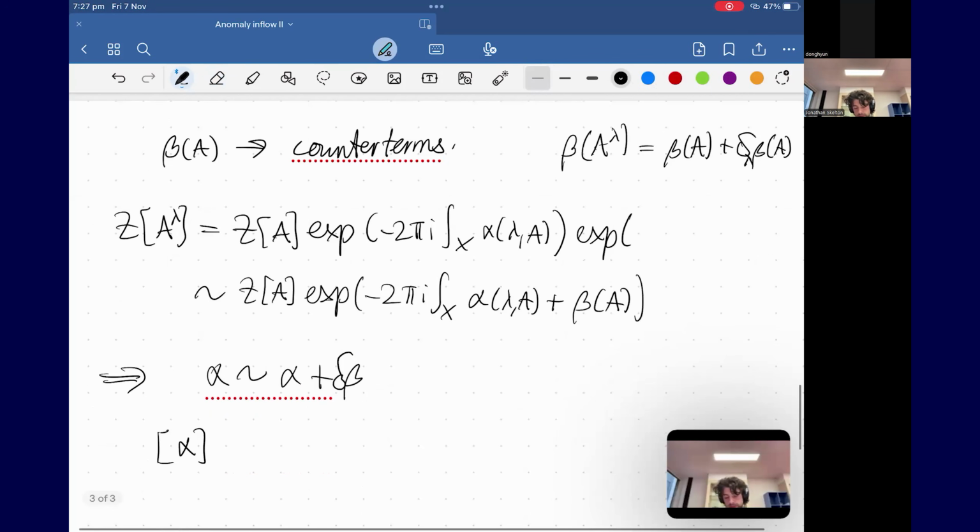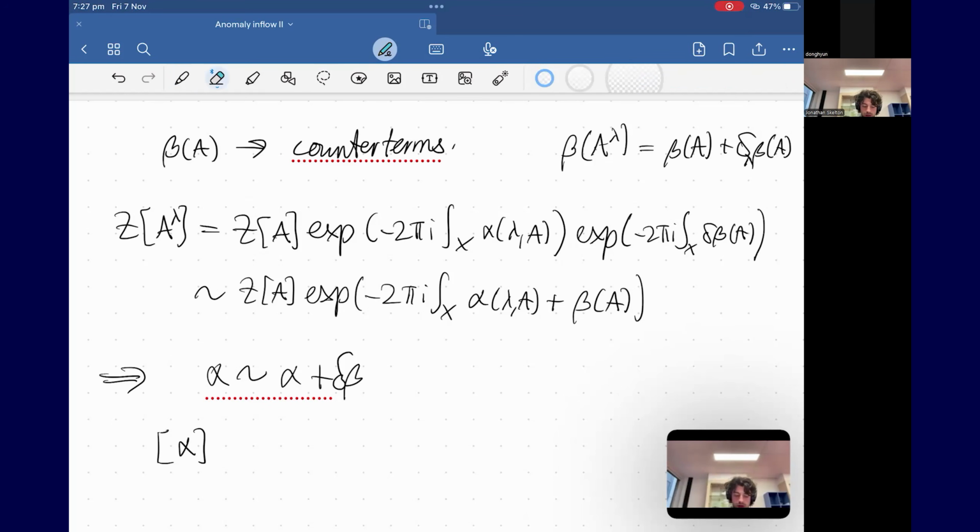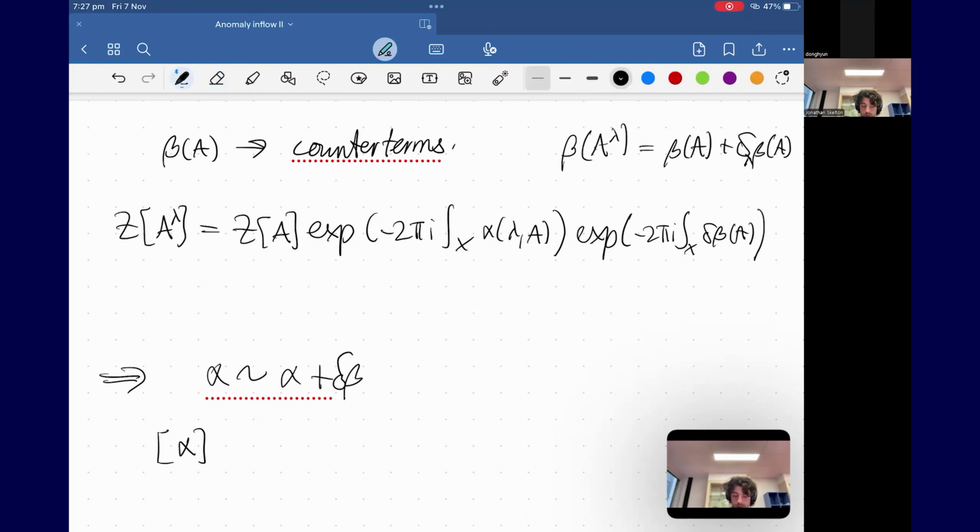So then you're going to pick up here, what was I writing? Oh, minus 2 pi i times delta beta. So that's the variation of A. And then this one goes away.